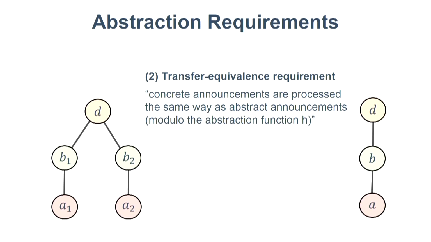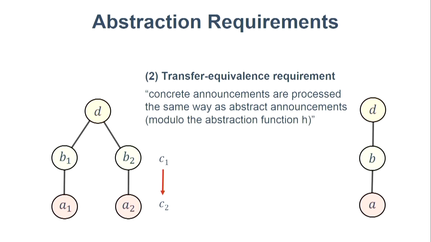So the second condition that we need is a condition we call transfer equivalence. And that basically says that concrete route announcements are processed in the same way as abstract route announcements. To give you a picture of how that works, suppose we have a concrete route announcement, and it is passed from the node B2 to A2.